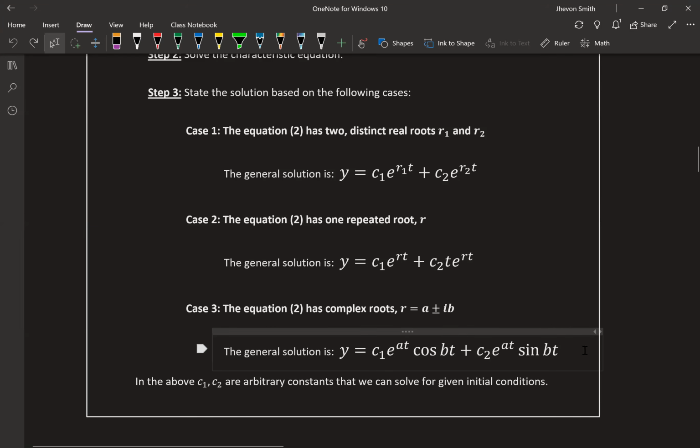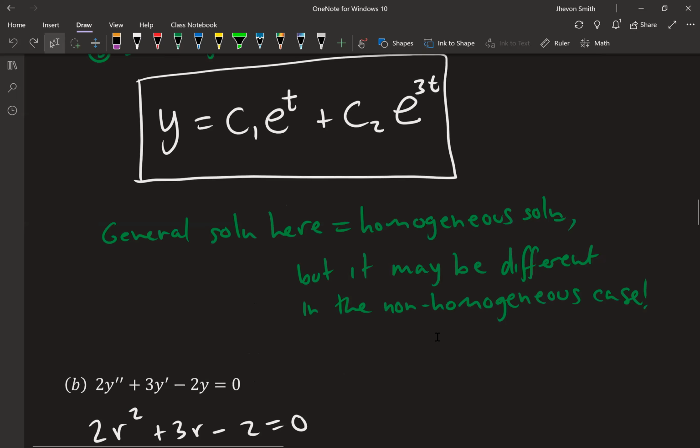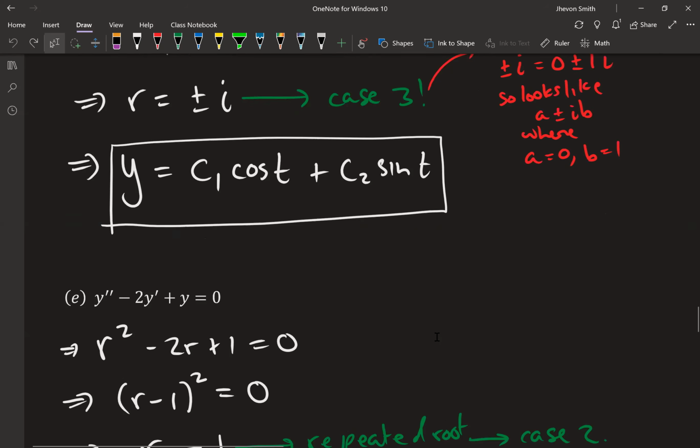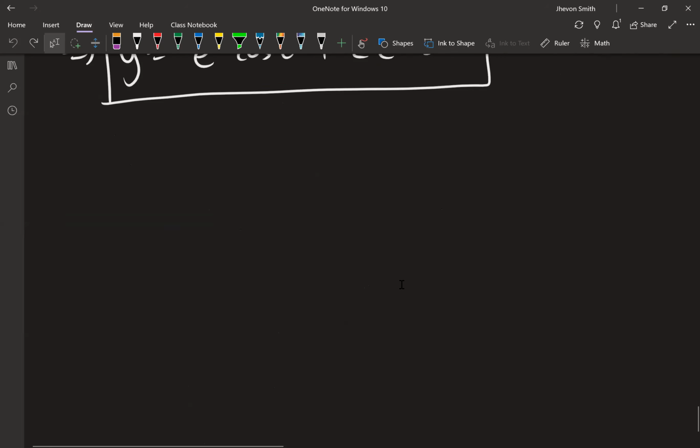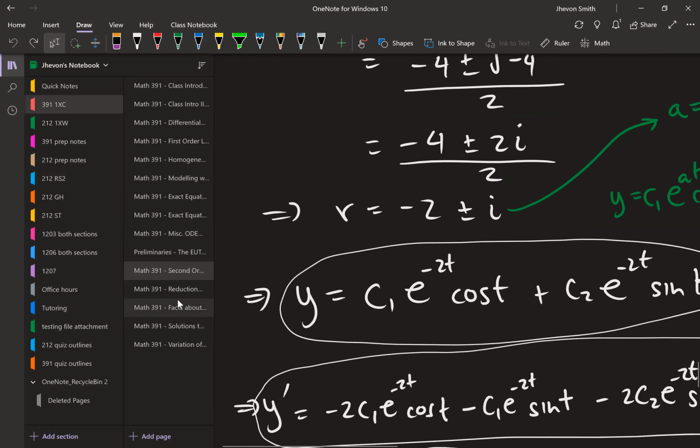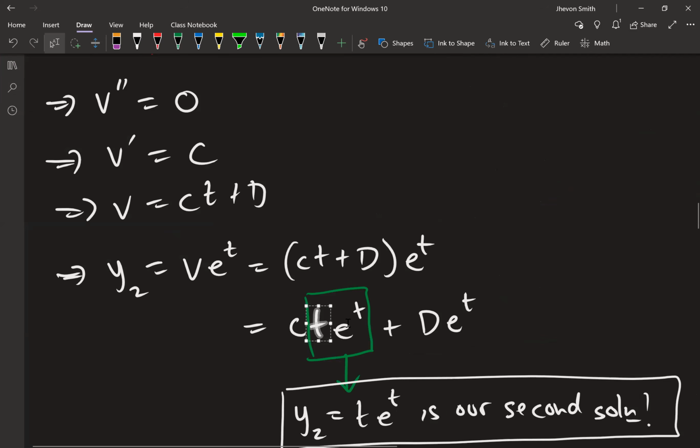If we have complex roots, it breaks up into sines and cosines and exponentials, which follows directly from Euler's equation: e to the i theta equals cosine theta plus i sine theta. We did a few examples of solving those, and that ended that section. And yeah, again, we moved on to 3.4, where I proved why we had to multiply by t to get the second solution.